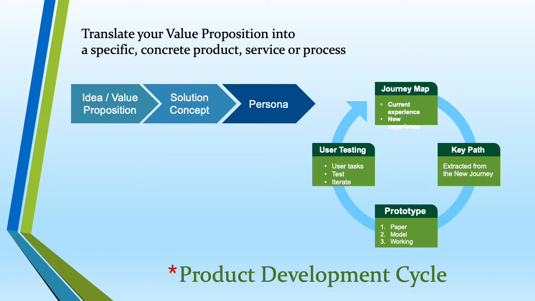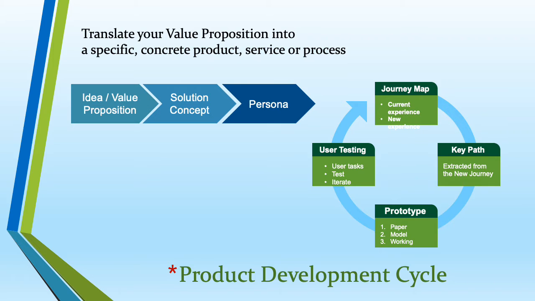As you recall from the first module, we are diving into the product development cycle, from the idea and value proposition to prototyping. In the previous module, we described our customer in detail by creating a customer persona. We wanted to define how our archetypal customer thinks, feels, and acts, their experience, around the problem that we're solving.